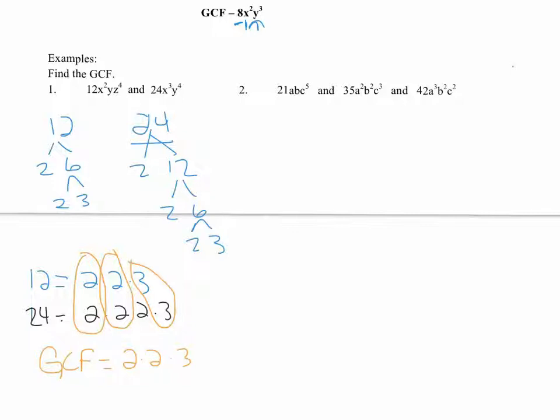And that's 2 times 2 is 4 times 3 is 12. And now let's look at our x's. We have x squared, so for the 12 we have 2 x's. We have a y, and we have 4 z's. For the 24 we have 3 x's and 4 y's.